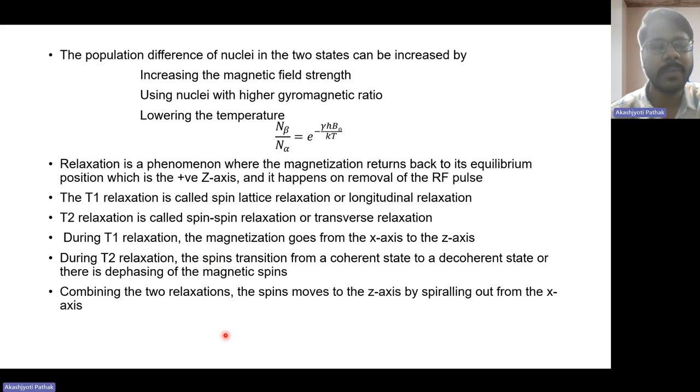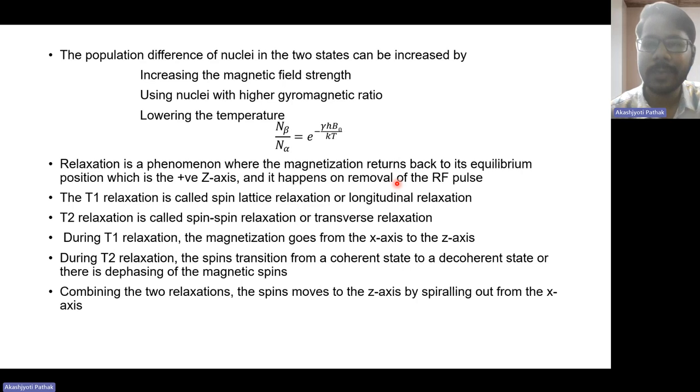Now, relaxation. One more concept that we learned is relaxation. Relaxation is a phenomenon where the magnetization returns back to its equilibrium position, which is the positive z-axis. In an NMR experiment, we first put the probe inside the NMR spectrometer, and then some time is allowed for equilibration between the two states, which is also known as the delay period, so that the system can attain equilibrium, and then short RF pulses are applied.